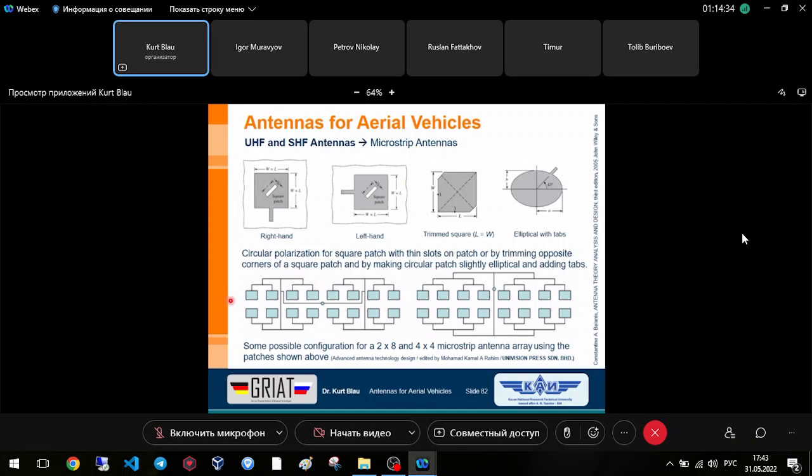Here we can see some examples for a 2 by 8 element patch array, 16 elements together. You can see here one possibility to arrange or to feed such an array. The blue rectangles are the single elements, and we can make, for instance, a subgroup consisting of 2 elements.